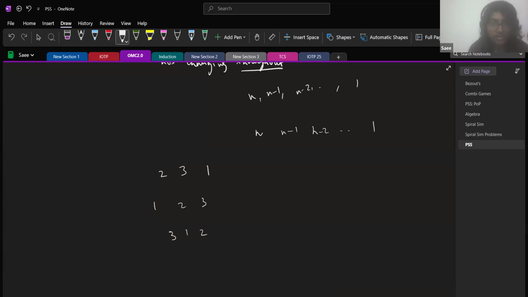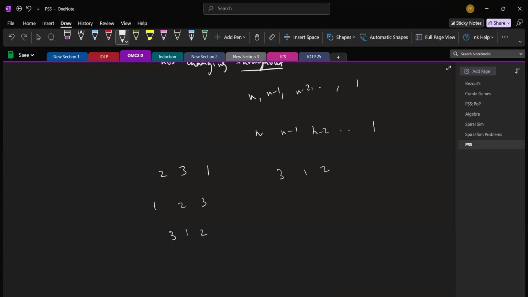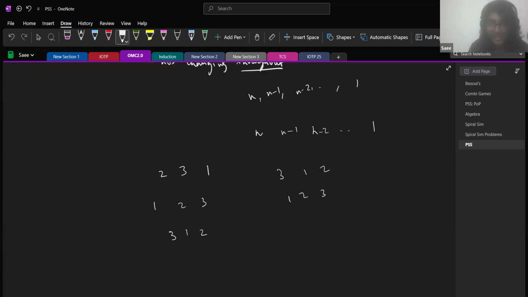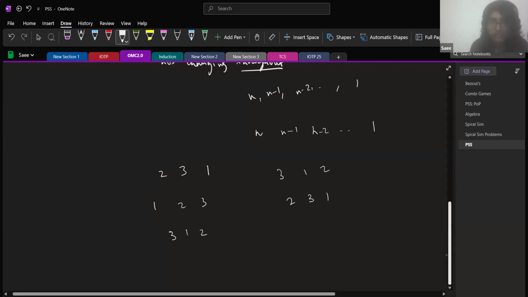How about we start with cycle three, goes to one, cycle two? I don't know, maybe. How would we do that? Wait, one stays there, then two flips. Hmm.